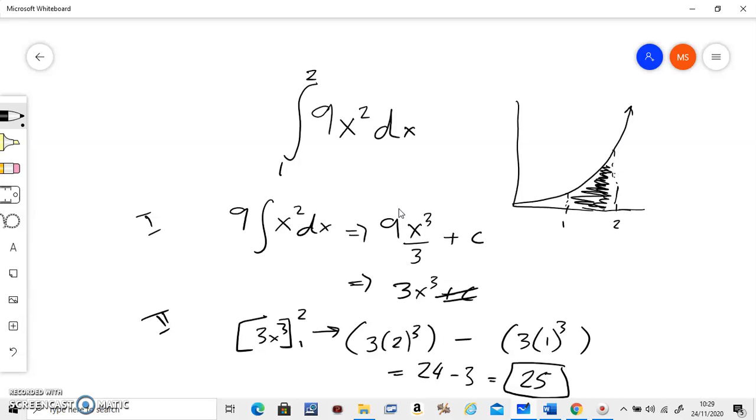Let's do one more. So I give you 6 plus 4x dx, simple one, from 1 to 3. Step 1, distribute the integration.